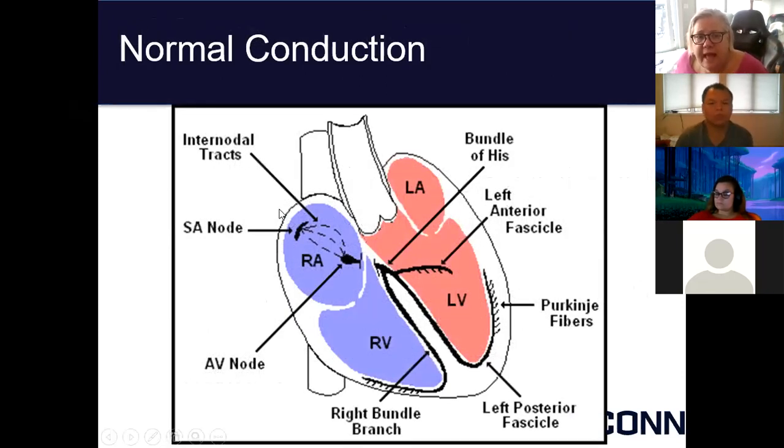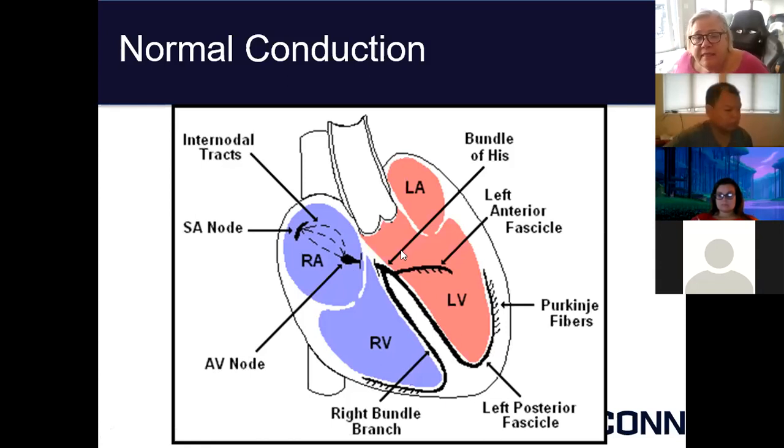So again, the SA node is the big general, sits up there in the right atrium. There are pathways that conduct electricity throughout the atrium, down to the AV node, which sits down at the base of the right atrium, just above the right ventricle.